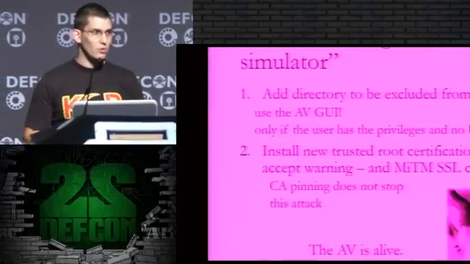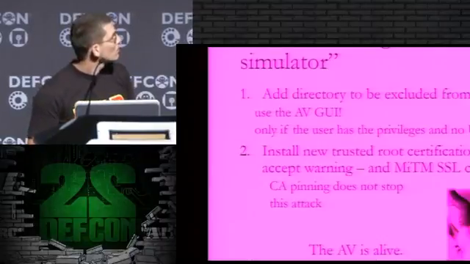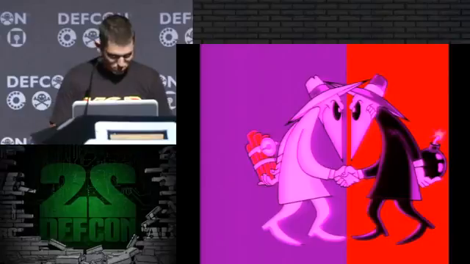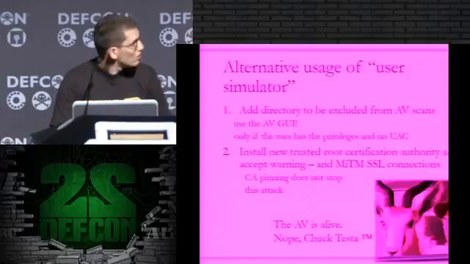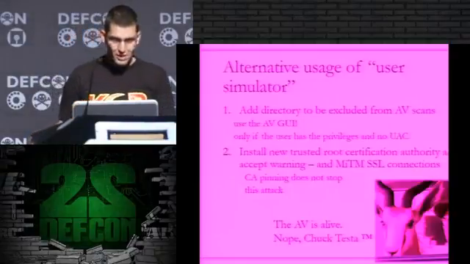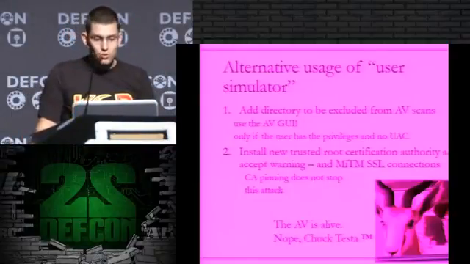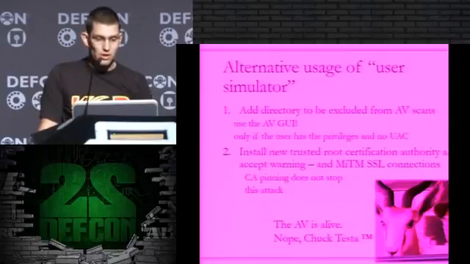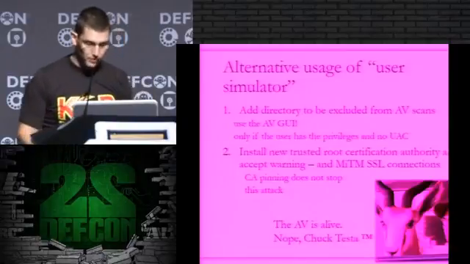And it's very good because another use case is that I can install some trusted root certificate authority, and there is going to be a warning dialog which the user should accept, but my tool can detect this warning dialog and accept the warning.